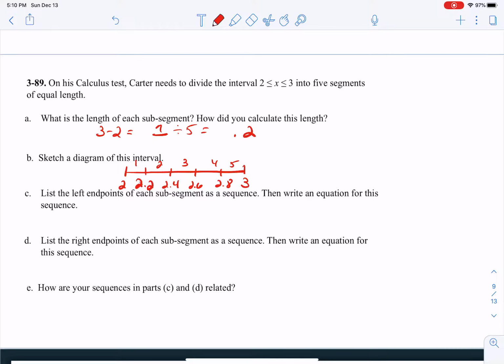So looking at the left endpoints of each subsegment, my first segment has a left endpoint of 2. My second segment has a left endpoint of 2.2. My third segment has a left endpoint of 2.4. My fourth segment has a left endpoint of 2.6. And my fifth segment has a left endpoint of 2.8.